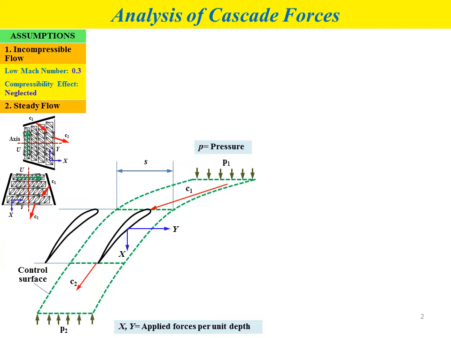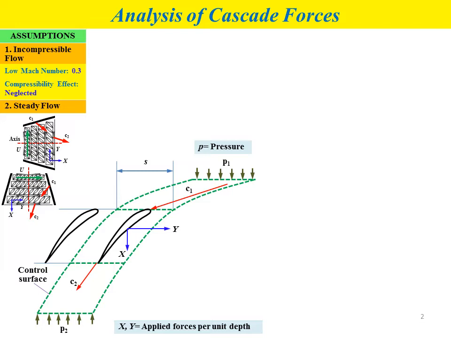If you look in detail at the parameters involved in the figures, we will have a similar direction of flow, similar direction of forces, and the direction of fluid at the inlet and at the outlet of the cascade blade are similar.